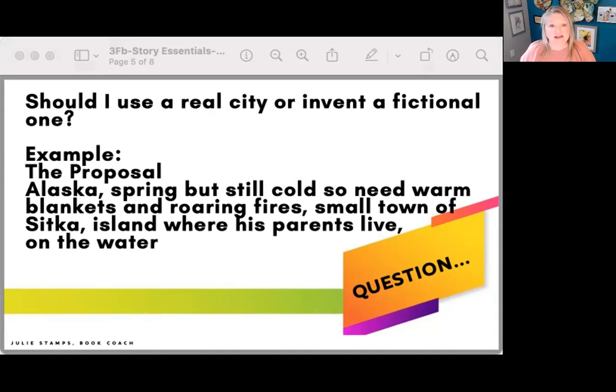For instance, in the proposal, the place it's set in is Sitka, Alaska. Remember I used that? So the setting is in the spring, and this relates to Andrew's renewal of his relationship with his father and his parents. Sitka is a small town, and as we see on the proposal, most of the businesses have the Paxton name, which is Andrew's last name.